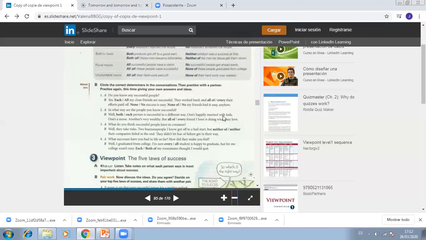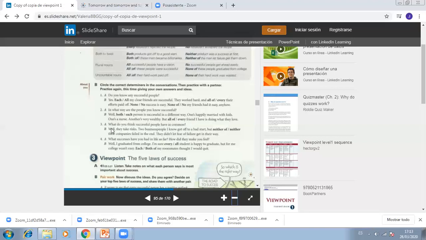One is happily married with kids, and one is a nurse, another is very wealthy, but all of friend or every friend. So all of, as I told you previously, refers to plural nouns. In this case, it's just singular. It's friend. So the correct alternative is every. Every friend I have is doing what they love.